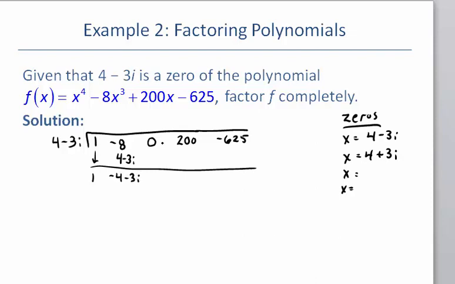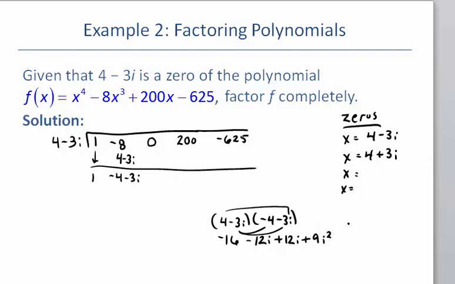Now, you may want to do this multiplication somewhere off to the side. I'm going to do it right here and then erase it. So I've got 4 minus 3i that I want to multiply by -4 minus 3i. FOIL method, first times first, is -16. Outside is going to give me -12i. Inside is going to give me +12i. And last is going to give me positive 9i squared. So these middle terms are going to cancel out.